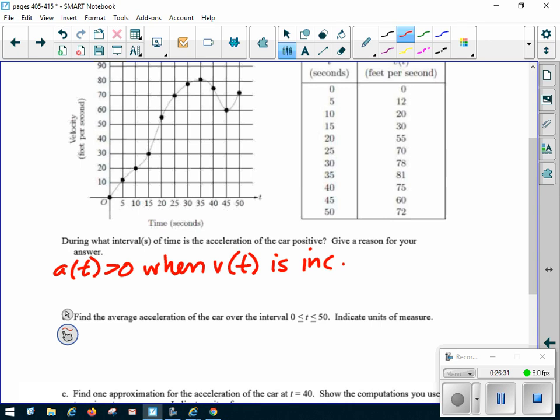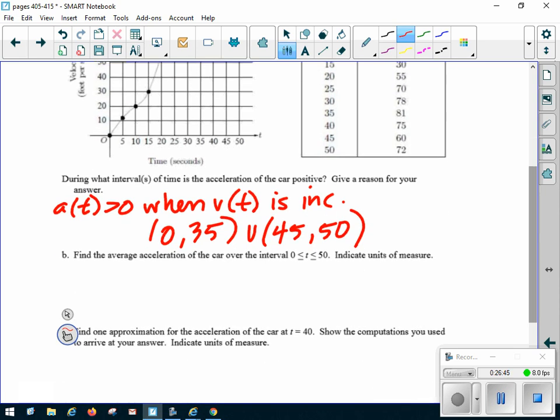And 45 to 50. So 0 to 35 and 45 to 50. Do you understand that? I just have to keep going back. Acceleration is second derivative, velocity is first derivative, and I can keep things straight that way.